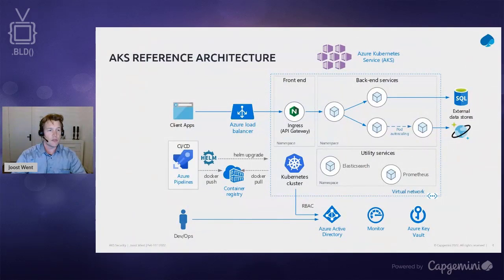This is a slide actually provided by Microsoft. It gives you the reference architecture of AKS, and it contains a typical deployment, where in the left bottom you will have the management capabilities of AKS. You have your Azure pipelines doing Helm upgrades or creating containers that are being pulled by Azure Kubernetes Services. You have the DevOps guys maintaining your cluster, monitoring your cluster.